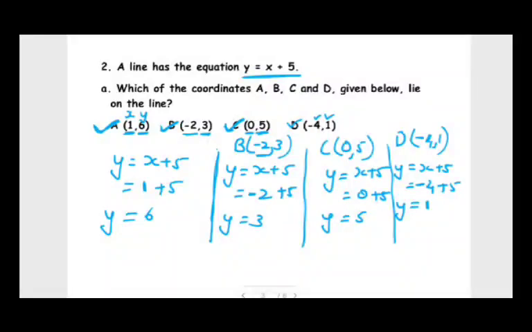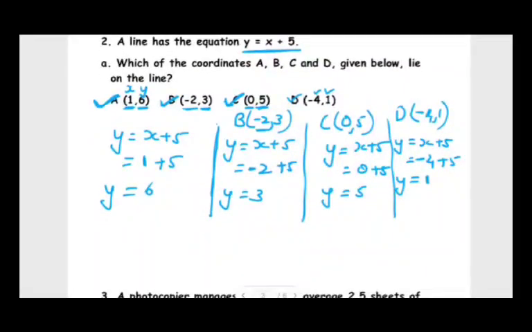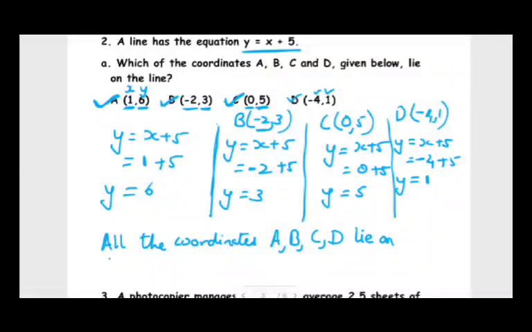So which of the coordinates A, B, C, D given below lie on the line? All the coordinates A, B, C and D lie on the line y is equal to x plus 5.